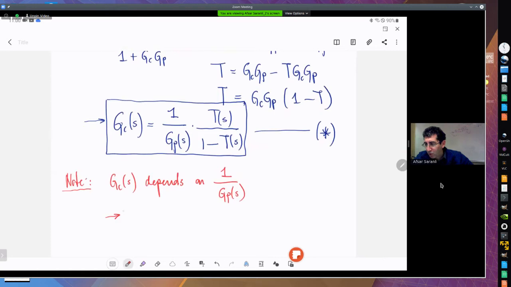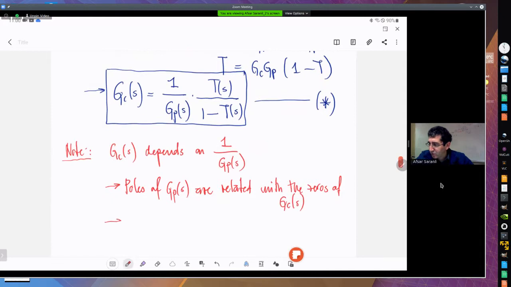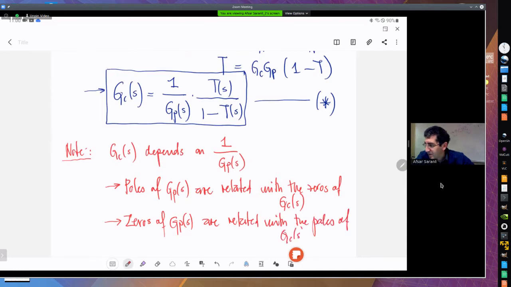For example, poles of the plant are basically related with the zeros of GC of S, and similarly zeros of GP of S are related with the poles of GC of S.